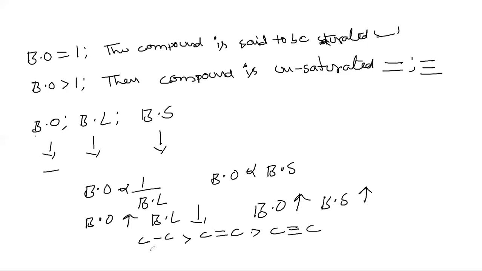As the bond length decreases in this order, the bond order is going to increase and the bond strength is also going to increase. This is the relation between bond order, bond strength and bond length.